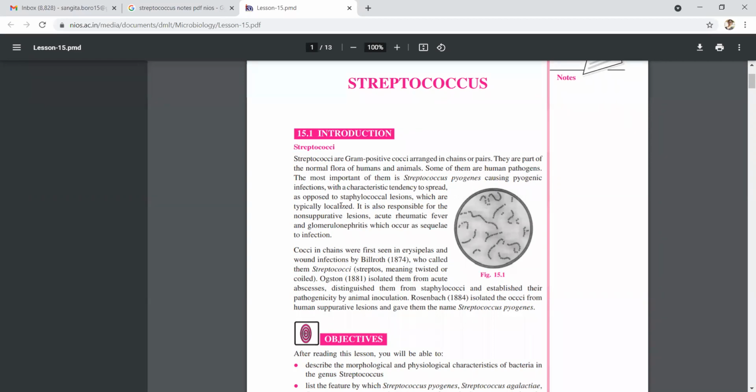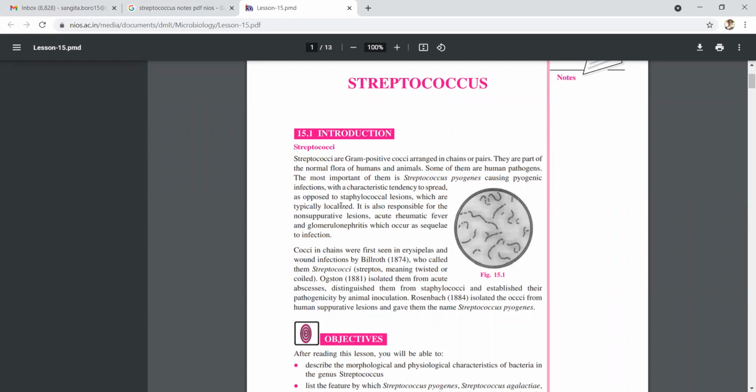That means in this genus Streptococcus, you would find many species of Streptococci, amongst which there are a few which are pathogenic, causing diseases in human beings. One such important bacteria which is responsible for causing human diseases is known as Streptococcus pyogenes.